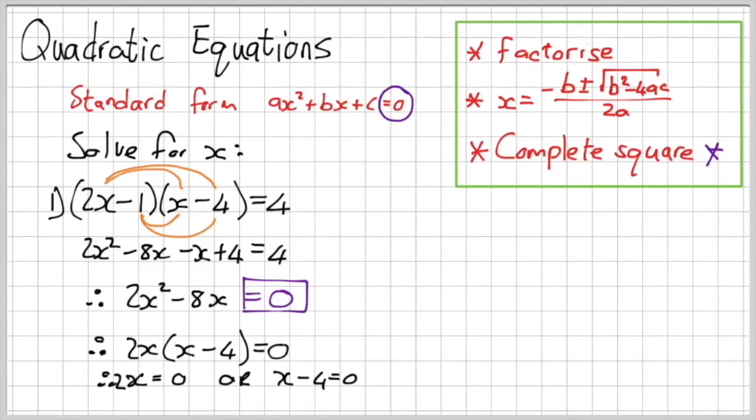whenever I have a product like A times B equal to 0, then A must be naught or B must be naught.